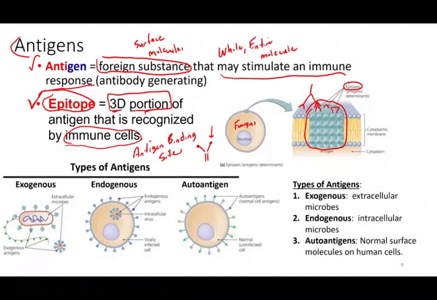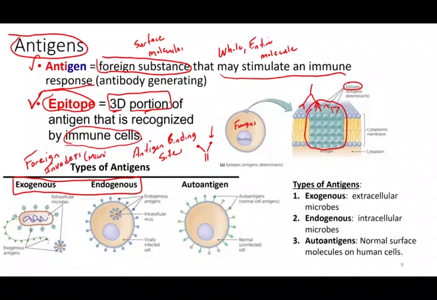So we've talked about antigens a little bit, but here is some further clarification, zooming in on how our immune system can be targeting these things. These two, exogenous versus endogenous, are both from foreign invaders, if you want to call them that. In this case, they're going to be microbes, right?